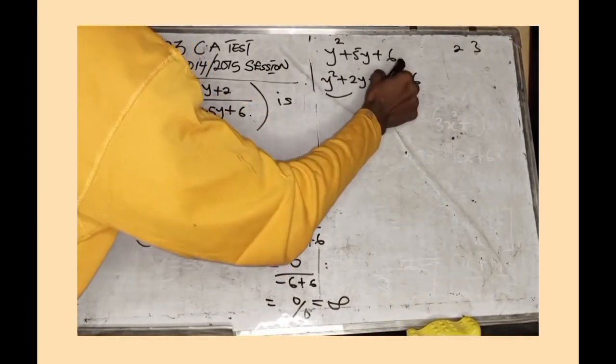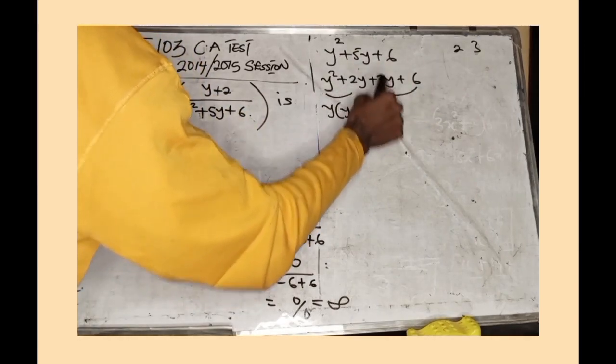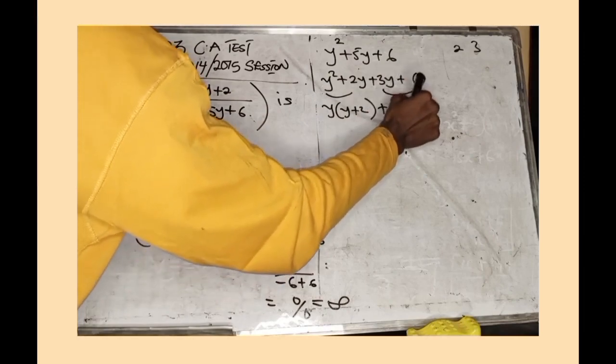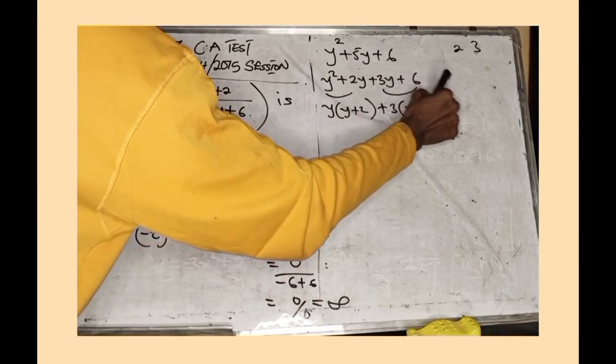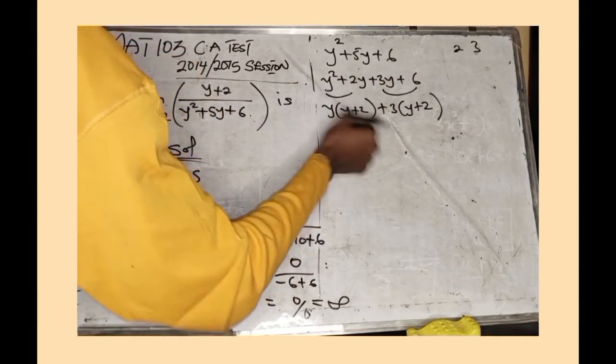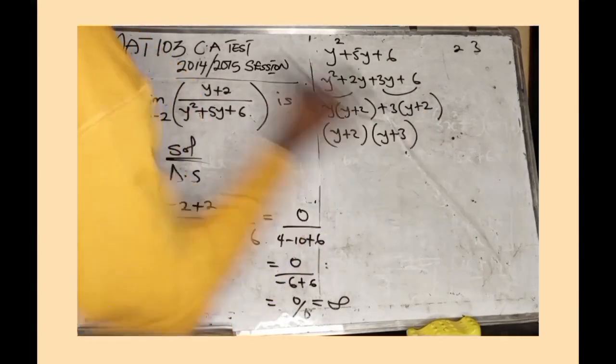Now let's move this way. What's common here? y is common. I have y times y plus 2, then plus 3 is common here, times y plus 2. So I'm having y plus 2 and y plus 3. So these are my factors.